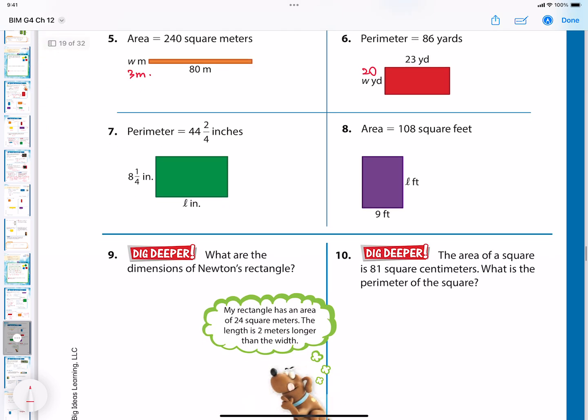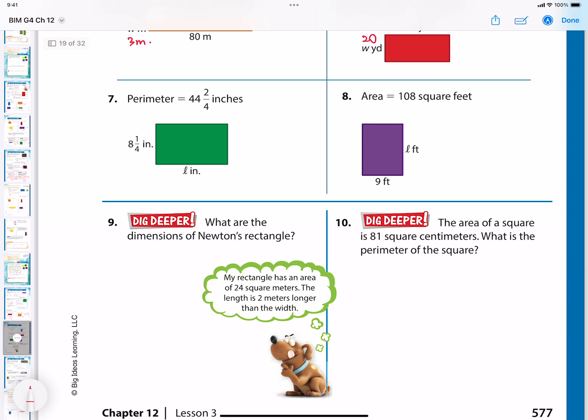And number 7, this one is 14 inches. Remember perimeter. It's not hard, guys, when you think about perimeter and area. And this length has to be 12 feet.